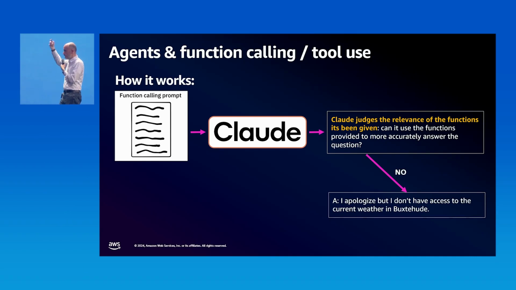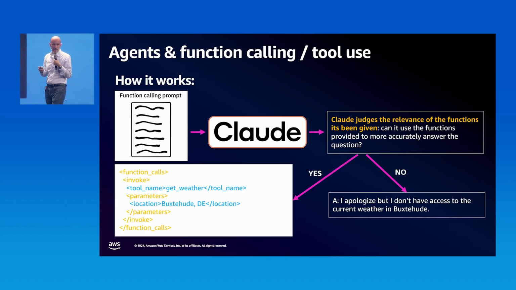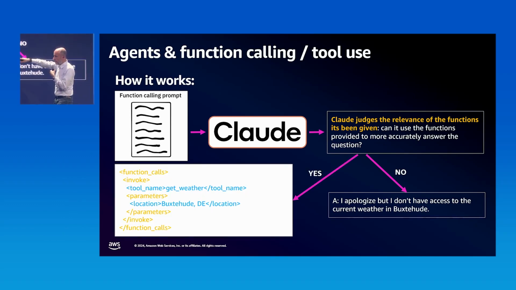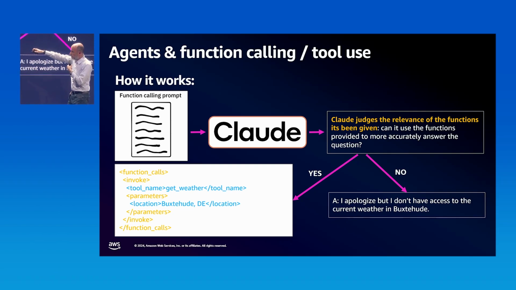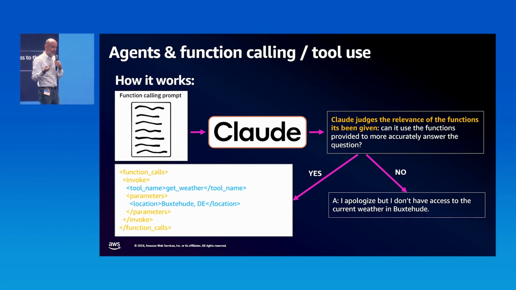In the case of no, it will probably answer with some definitive answer, like, I don't know. Or it says, okay, I want to use those tools, and Claude will actually output the function call in the specification that you told it. So if you told it to please use XML calls that are called function calls, invoke with the parameters here and there, it'll give you the kind of XML that you expect, and now you can go and execute that.